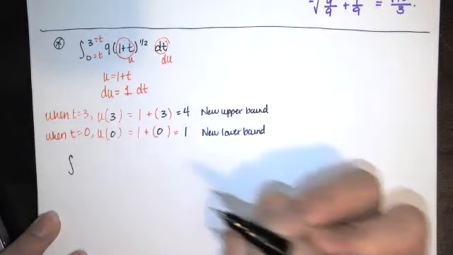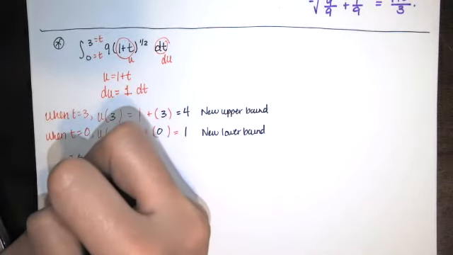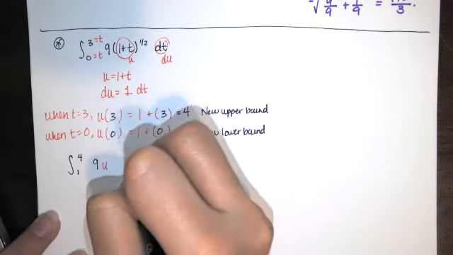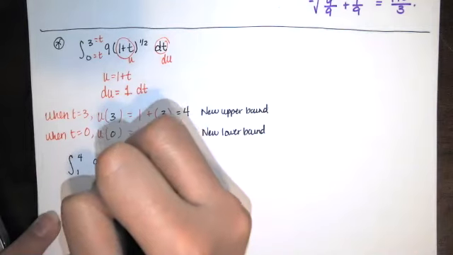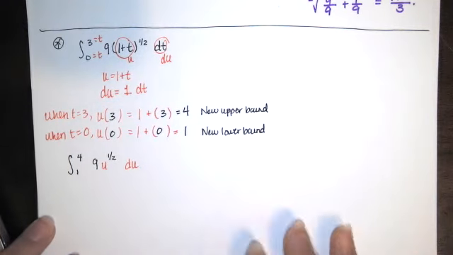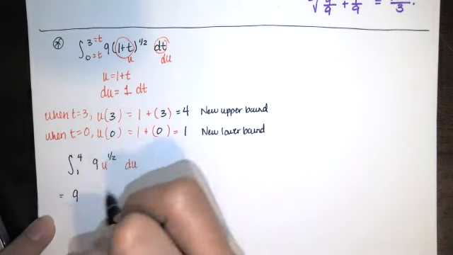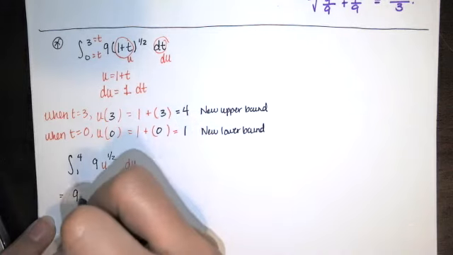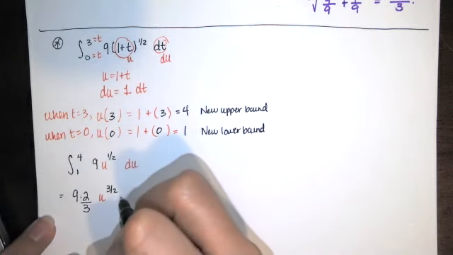So we have the integral from 1 to 4 of 9 times u to the 1/2 du. Easy enough to evaluate. Bring the 9 down, add 1 to the exponent. Divide by the new exponent. Dividing by 3/2 is the same as multiplying by 2/3.